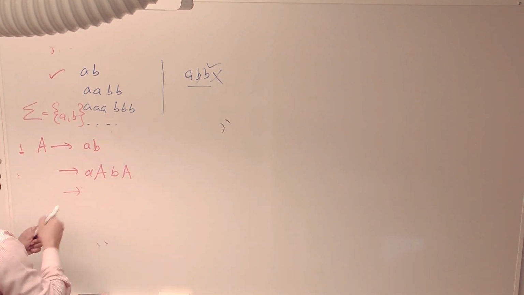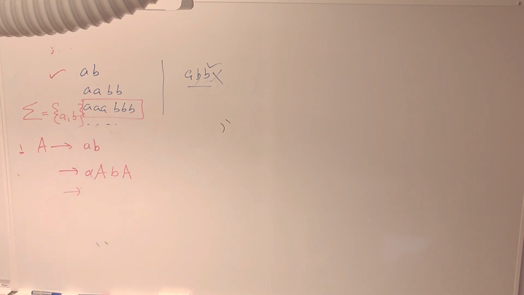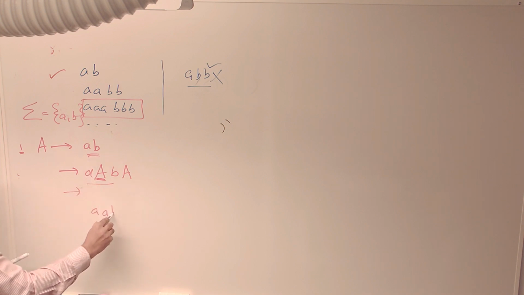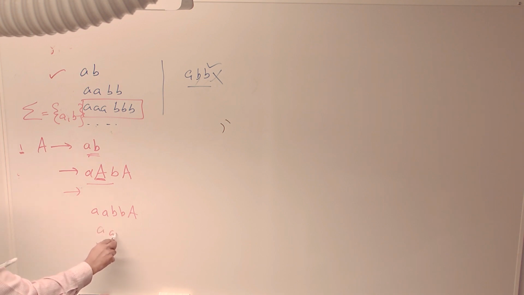can you try? How can I derive this word? What should I start with? If I took A, and then I can replace this with AB, and then B, but I still have an A. A, B, B, so I replace this with that.